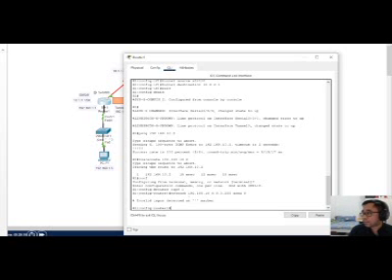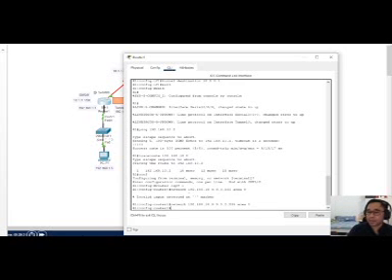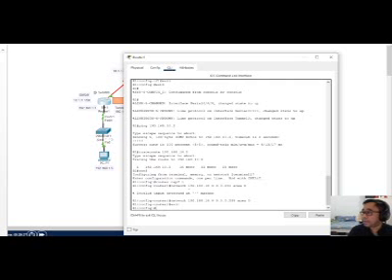Network 192.168... oh sorry, the 10.0. Okay, so exit. So we need to set router OSPF 1.